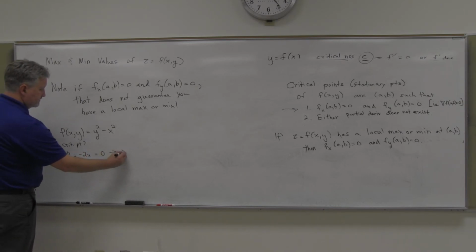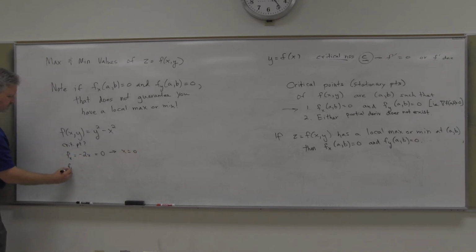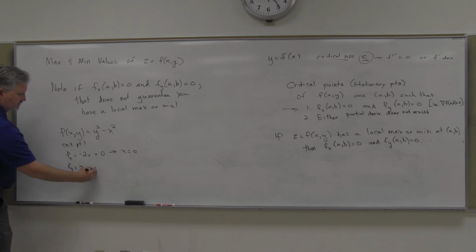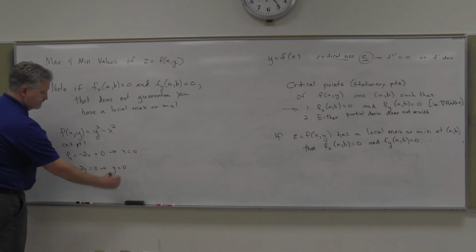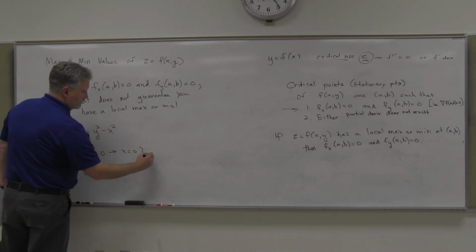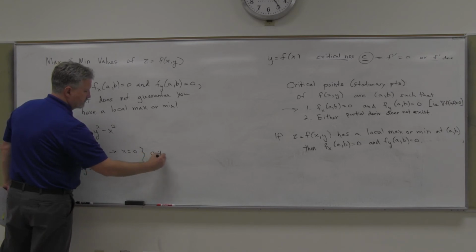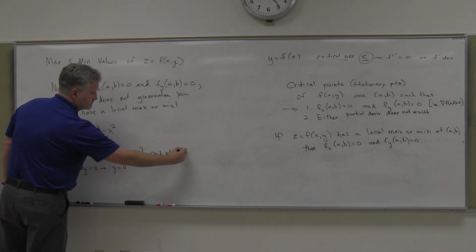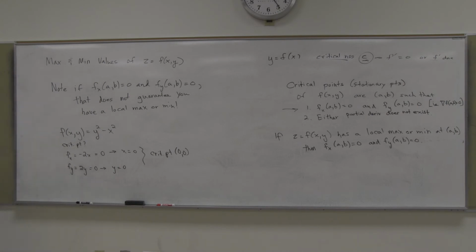So that would be x is 0. Do the partial with respect to y, which would be positive 2y, set that equal to 0, and that gives you y equals 0. And so my critical point is (0, 0). Nothing spectacular about it, but that's a critical point.